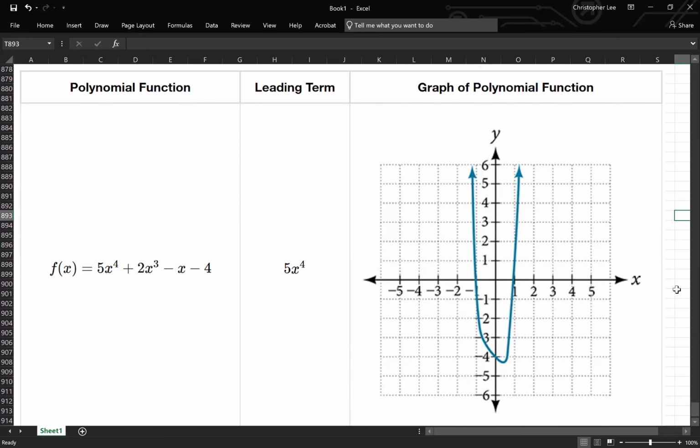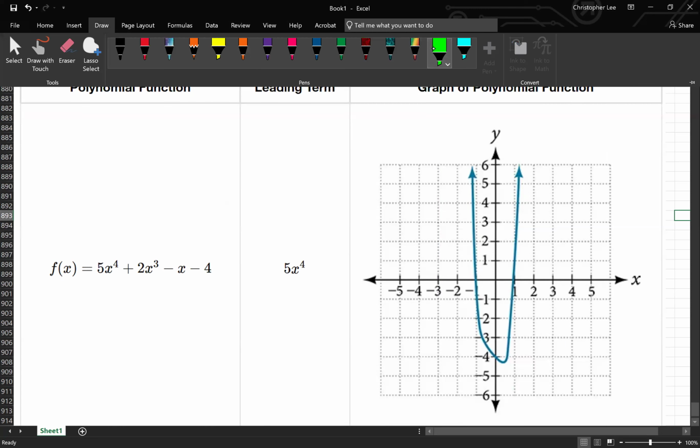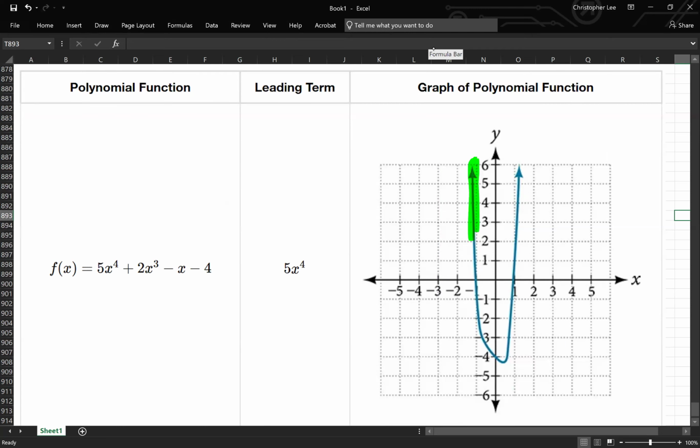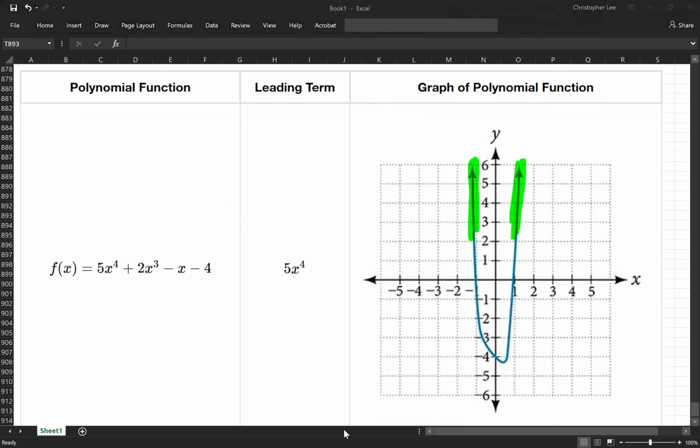We know that the coefficient in front is positive, and we know it's being raised to an even power. So essentially, we know that the end behavior is going to be positive. It's going up. That's my end behavior right there. Not asking you to graph it. I'm just proving to you that when you look at the leading term, that's going to be the end behavior. That's all. All right.